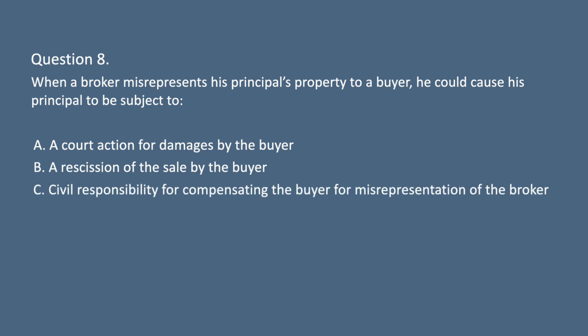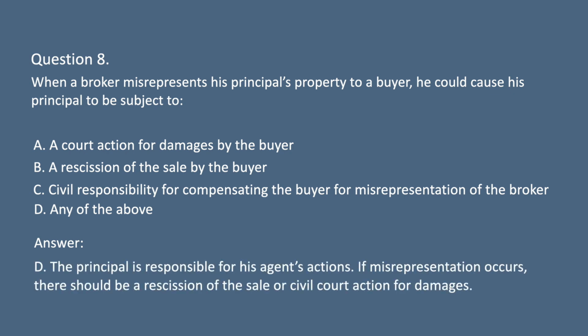C. Civil responsibility for compensating the buyer for misrepresentation of the broker. D. Any of the above. Answer. D. The principal is responsible for his agent's actions. If misrepresentation occurs, there should be a rescission of the sale or civil court action for damages.